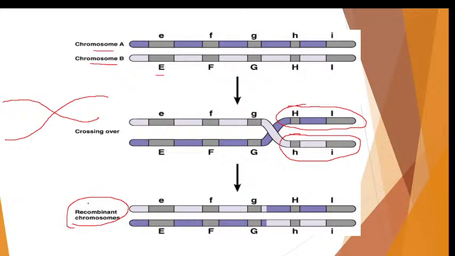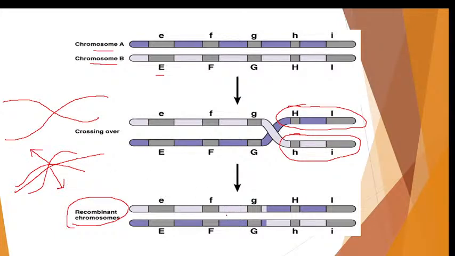So those chromosomes which lie very close to each other will undergo crossover like this, and after that they will separate like this. They will move to opposite poles. As a result, a new combination is formed.